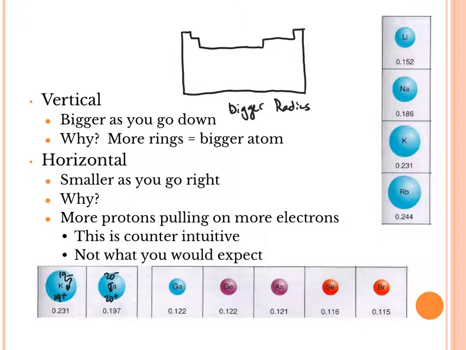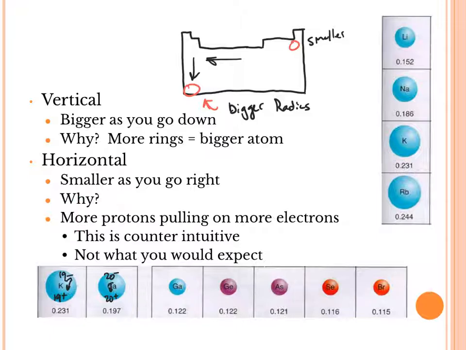So to simplify this, the biggest radius elements are further to the left and further down on the periodic table, making the elements in the lower left-hand corner the largest radius, and the ones in the upper right-hand corner the smallest. Now a question on a quiz or a test, I would only ever ask you to compare the size of elements in the same column or in the same row, and I'd also expect you to know why.